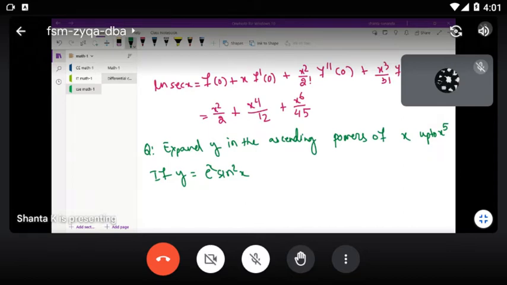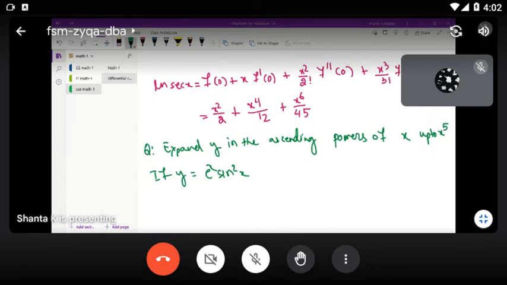That is one way, or you can try the derivative.